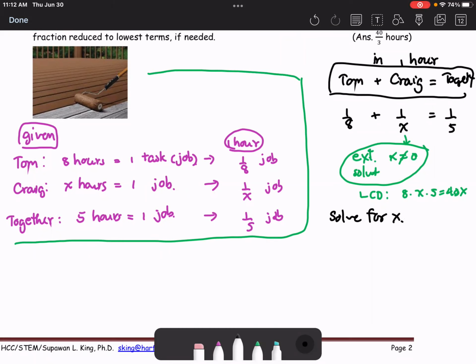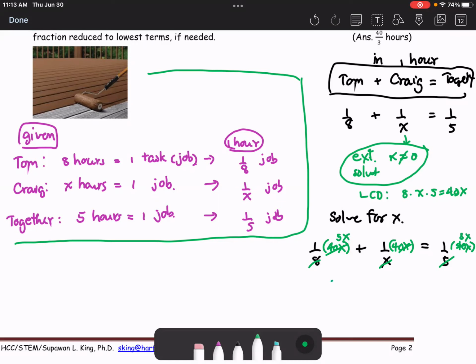Multiply all the terms by the LCD, the least common denominator, which is 40x, and cancel out. So 8 goes into 40 five times, times x. Then x and x reduce. 5 goes into 40 eight times, leaving 8x for the last term.